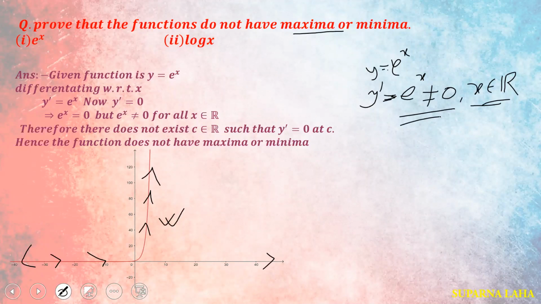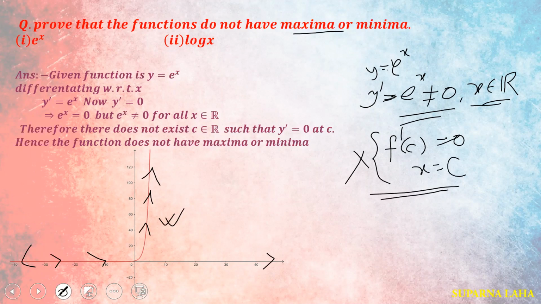So we can't find any c with f dash c equal to 0. This is not happening. So we can say there is neither a maximum value nor a minimum value.